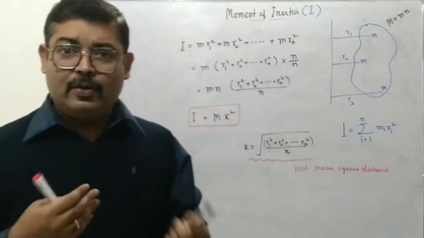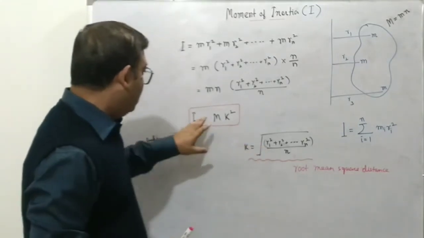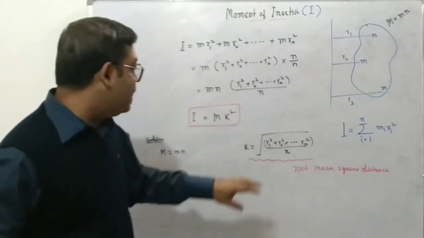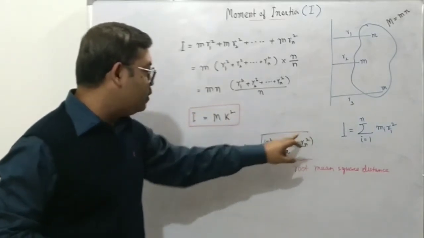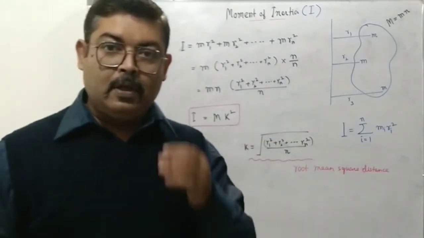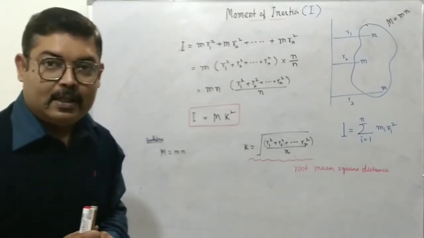Now what does it physically signify? This expression says that I equals the whole mass of the object into the root mean square distance squared. Since k is under a square root sign, it has the same dimension as distance.